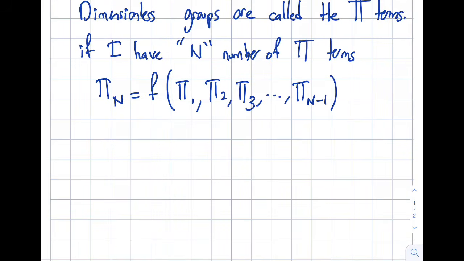The next step is to find this n value. I mentioned that if you have 5 parameters, we're going to end up with 2 non-dimensional terms, right? However, before I go ahead and find my n value, I will have to introduce a concept to you.